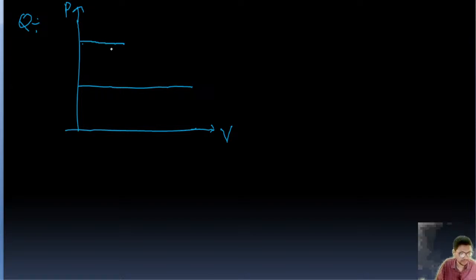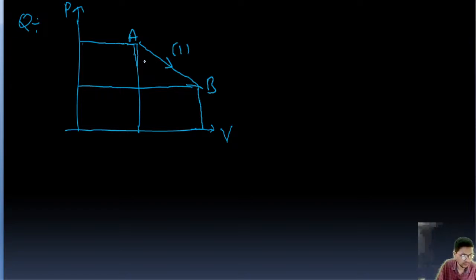Drawing the diagram. So this is the figure, and this is A and this is B. This is 1 and this is 2.